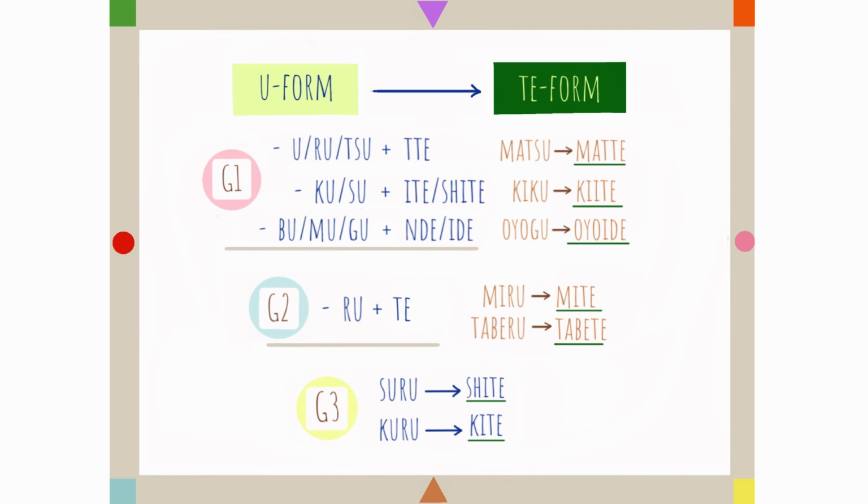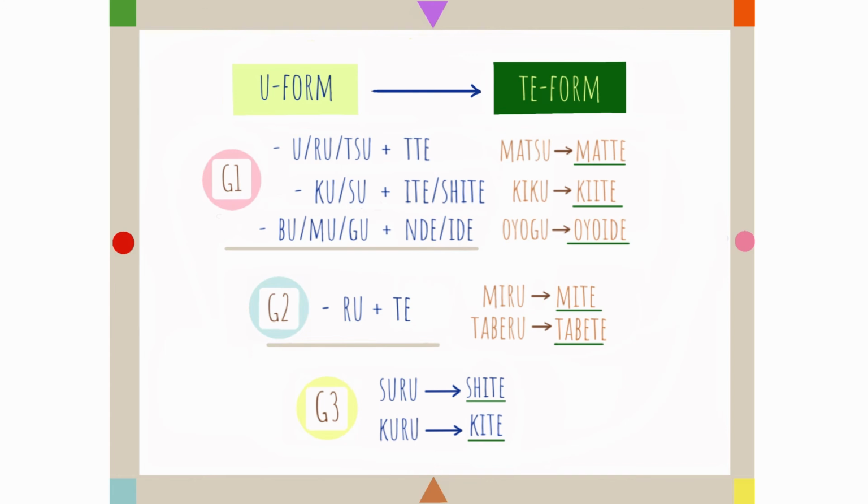For example, 待つ、待って、聞く、聞いて、泳ぐ、泳いで。Group 2, dictionary form minus る plus て。For example, 見る、見て、食べる、食べて。This is simple, isn't it?